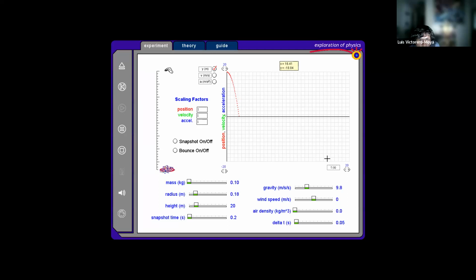So we are going to plot the y position or the height as a function of time squared. Because when you do that, you can easily find the slope of that line, right?